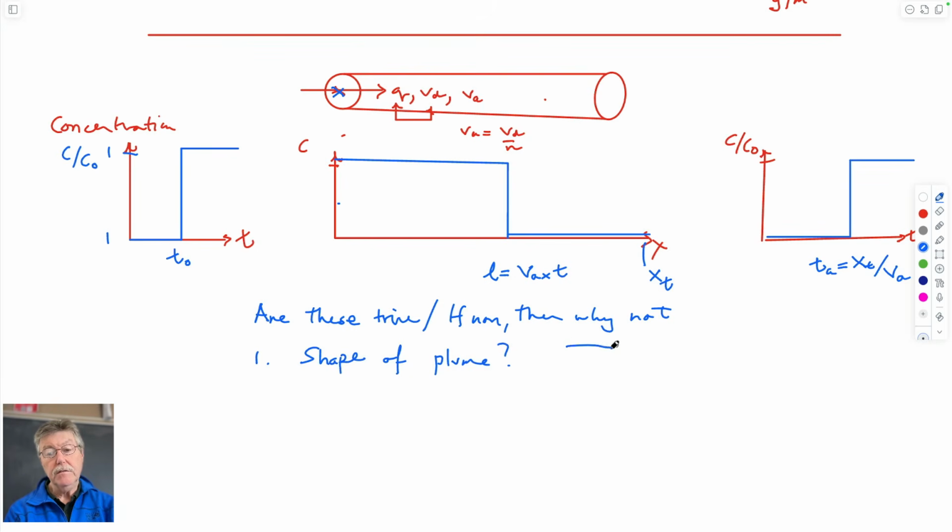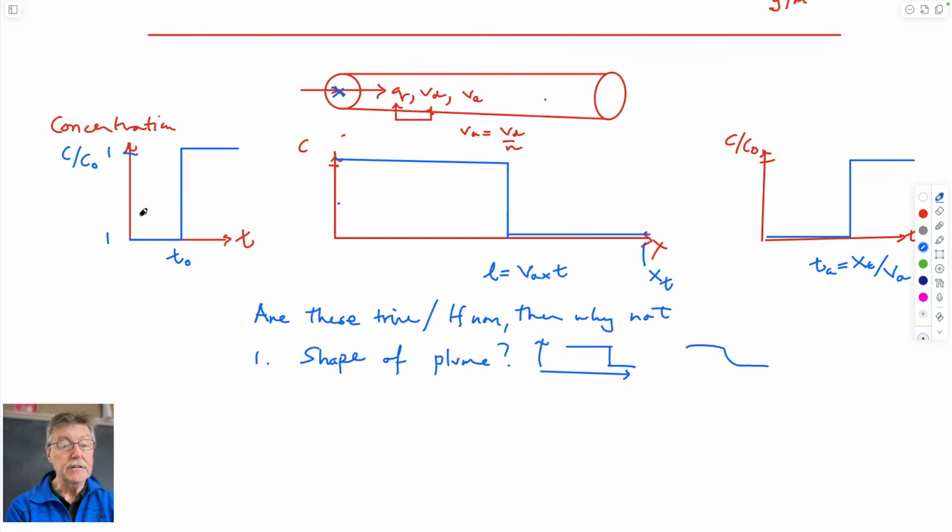Is it really this step function, or does it have something in it along the core? So obviously this is the input function. There's nothing sitting upstream until you dump something in the ground. All of a sudden, concentration goes up to some magnitude.